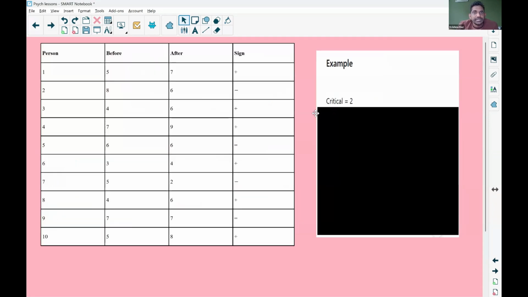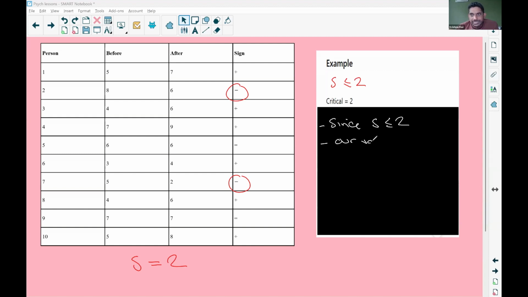So let's apply what we've learned to the example we did in the last video. So we're told the critical value is 2 or less. So our smaller value, which ends up being our S, is 2. So since S is less than or equal to 2, that means the answer is significant.